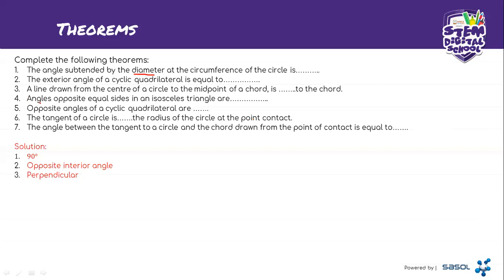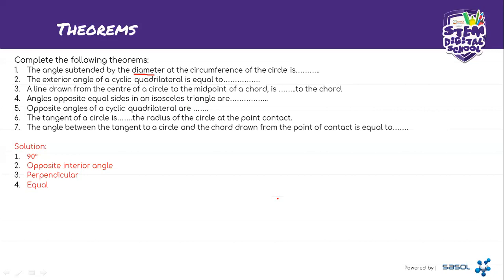And then number 4, angles opposite equal sides in isosceles triangles are equal. So all those angles are equal, right? I think it's two angles that are equal in an isosceles triangle, right?